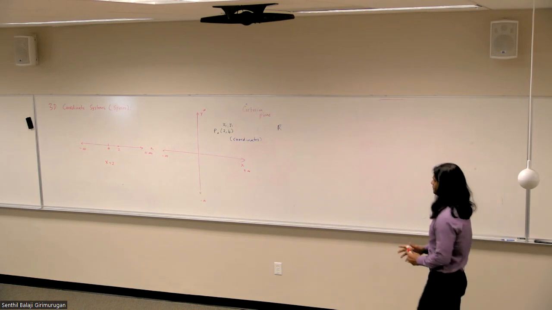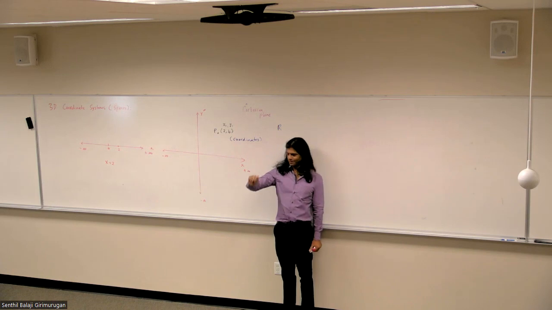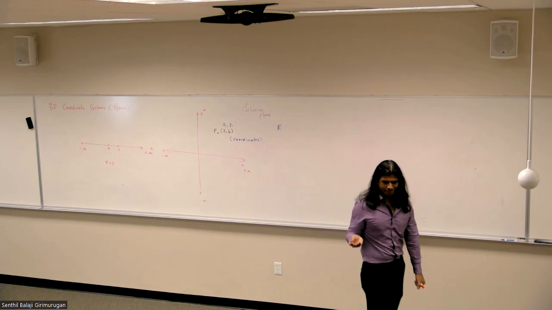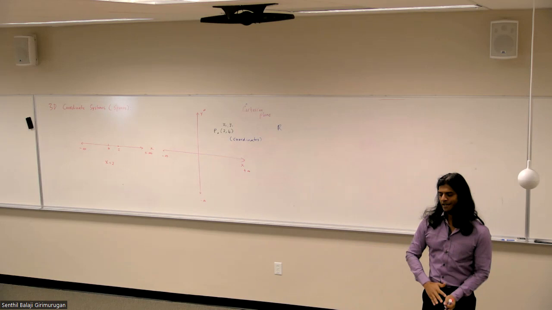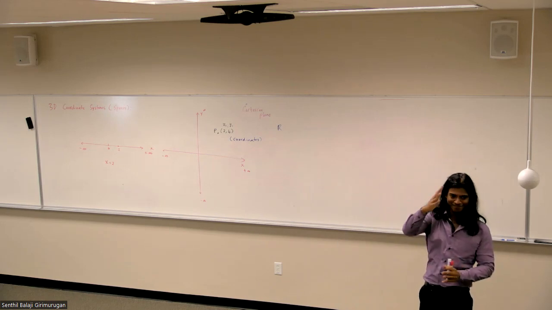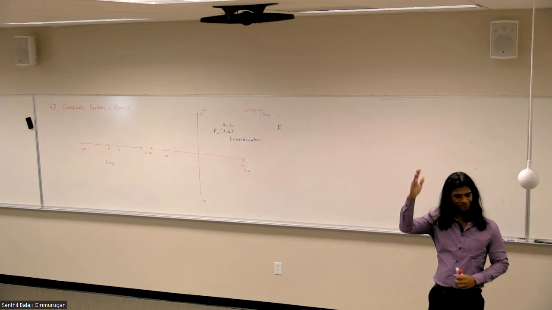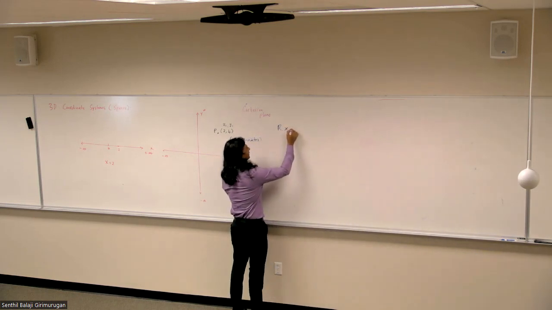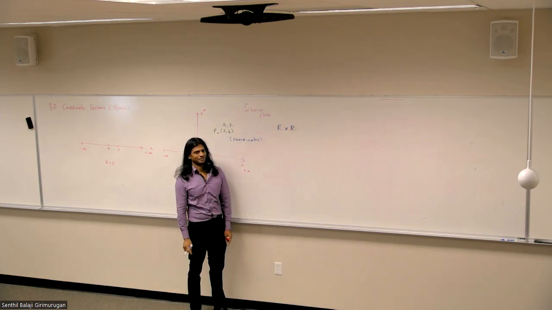Do you follow what I'm asking? Every single point in this space is obtained by doing an operation. That operation has a name. You're doing something between one R and the other R. All real numbers.